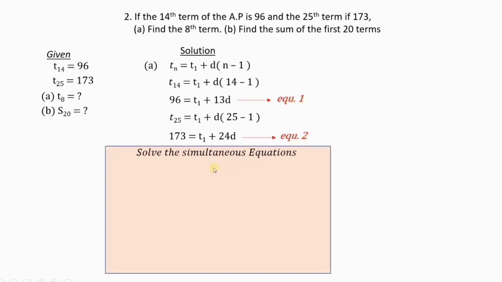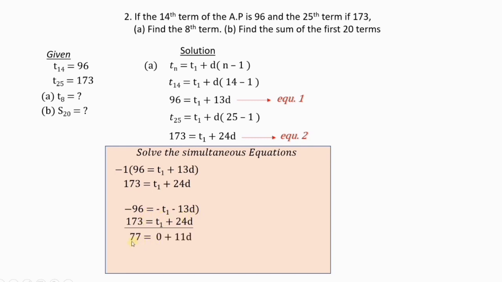So let's solve this simultaneous equation by multiplying equation 1 by minus 1. When that happens, you have minus 1 times 96 is minus 96 equals minus T1 minus 13D. So you add the two equations, you have 77 equals 0 plus 11D. The question is, why do we choose to multiply equation 1 by minus 1?